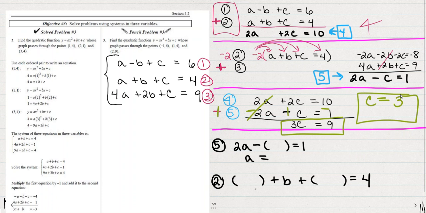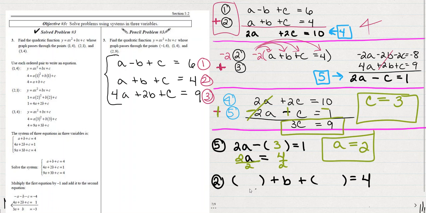I could go to my equation 5, 2a minus c equals 1, and in place of c, put the 3, and then I could solve for a. So 2a would equal 1 plus 3, or 4, and then dividing by 2, that gives us a equals 2. So we have a and we have c. Now I can solve for b.